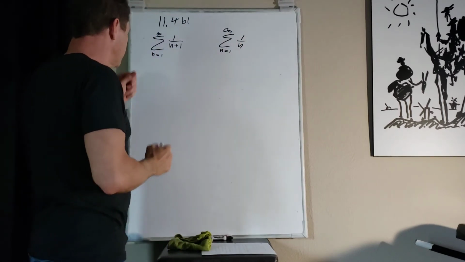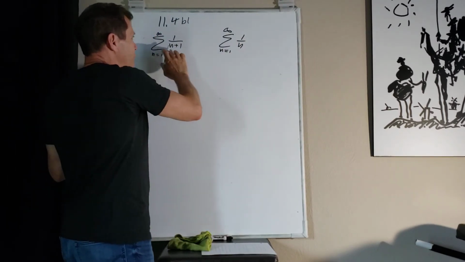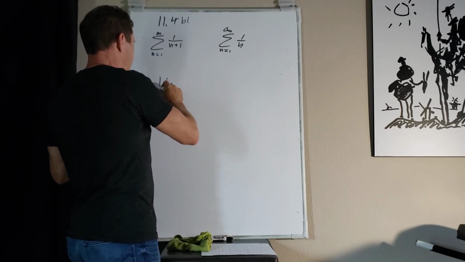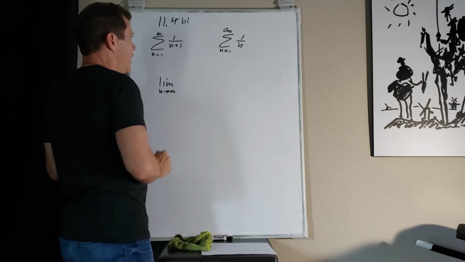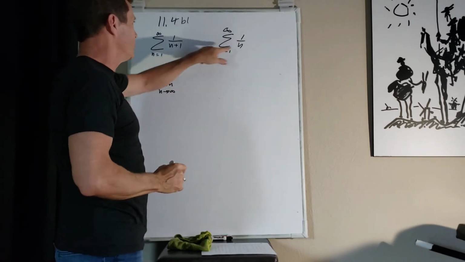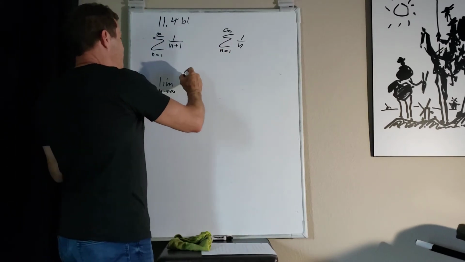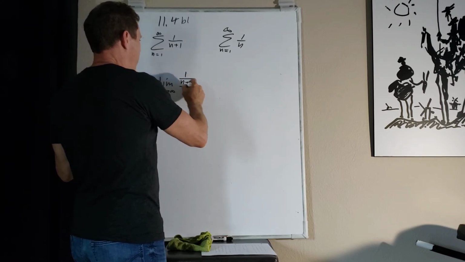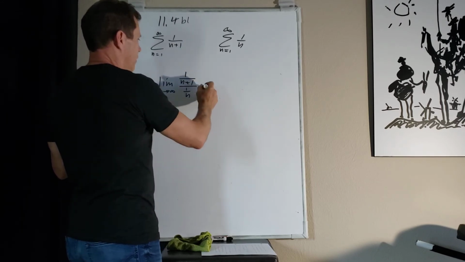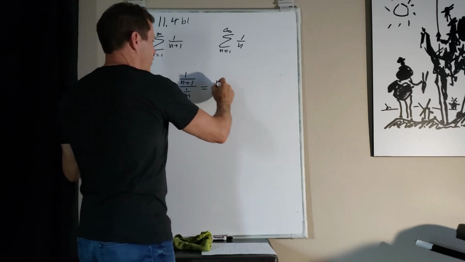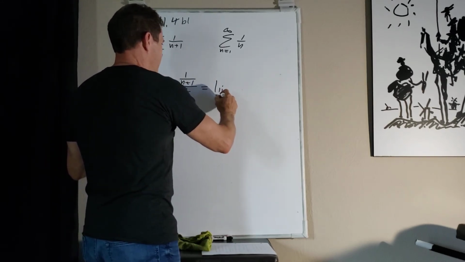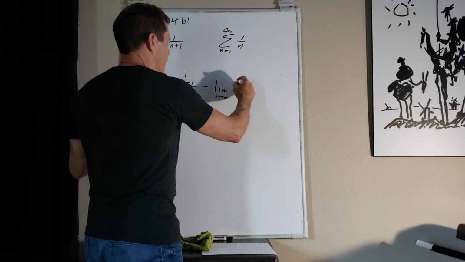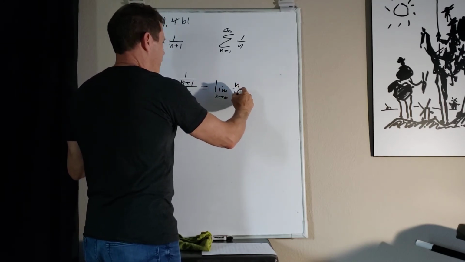Okay, now, these are the series. Let's look at the limit as n goes to infinity of the division of the sequences, the inside parts. Whichever way you want to do it, it doesn't matter. 1 over n plus 1, over 1 over n. Okay, what's that going to give you? The limit as n goes to infinity, flip this and you get n over n plus 1.